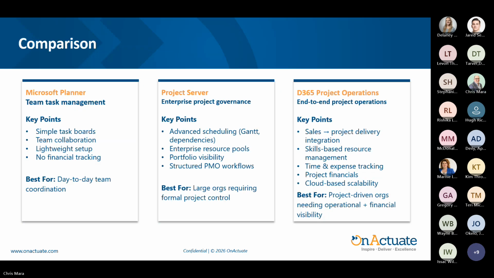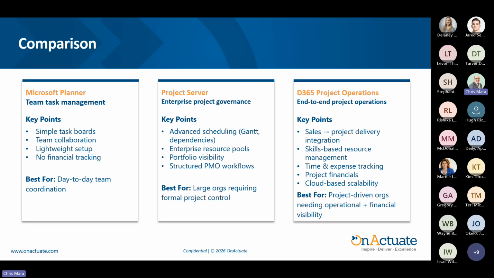So this is the same comparison, but we're kind of changing how we're talking to it. This is what each tool does best. So choose Microsoft Planner for team task management, simple boards, collaboration, lightweight setup. It's best for day-to-day team-based coordination where financials are not required.